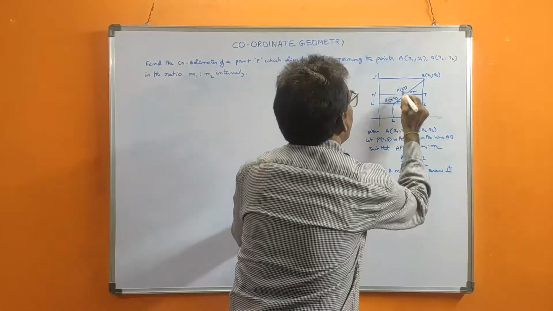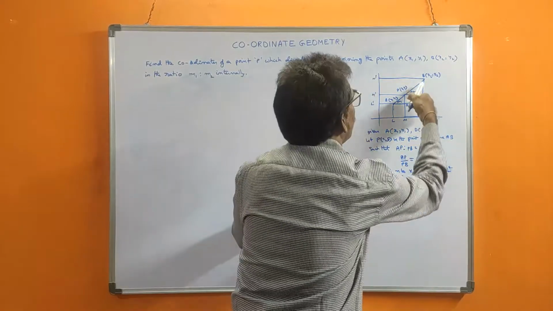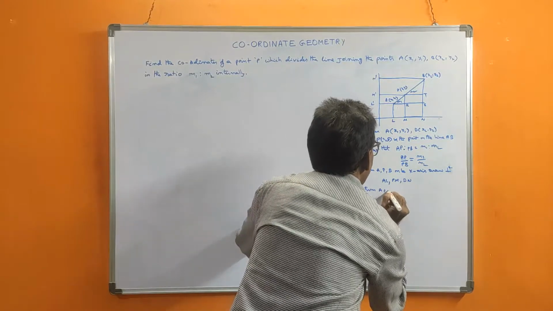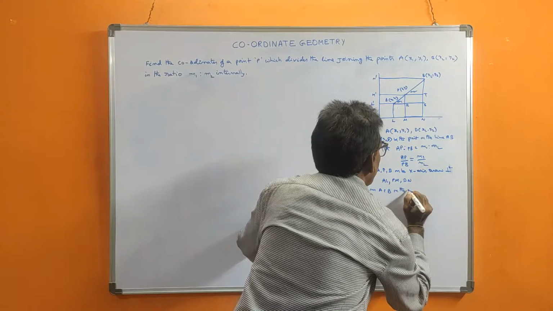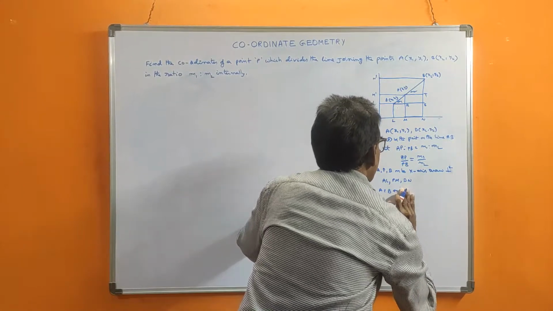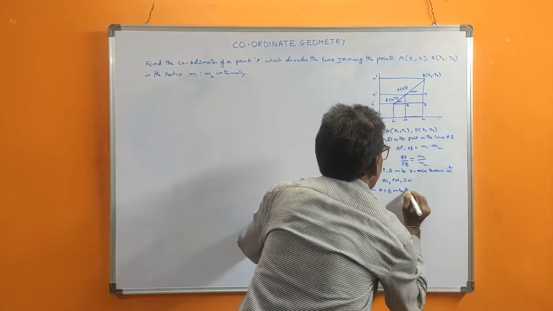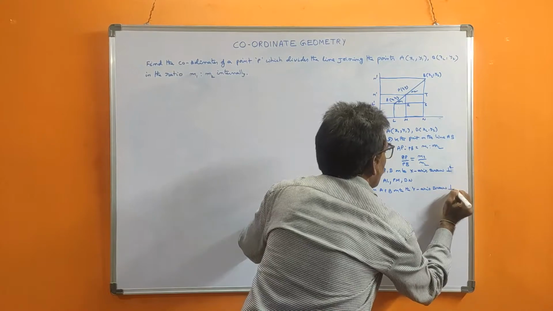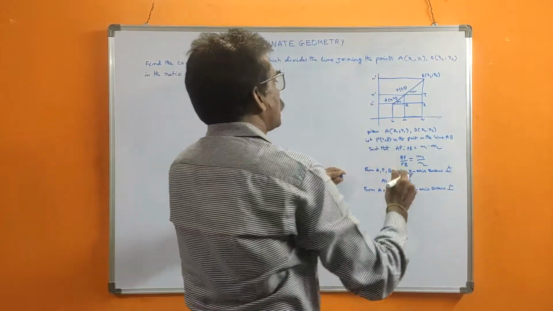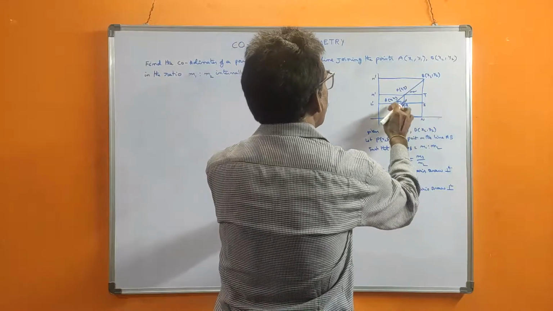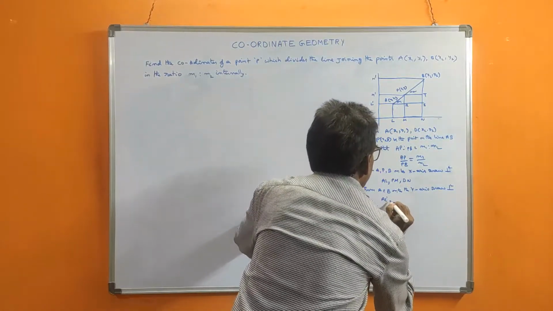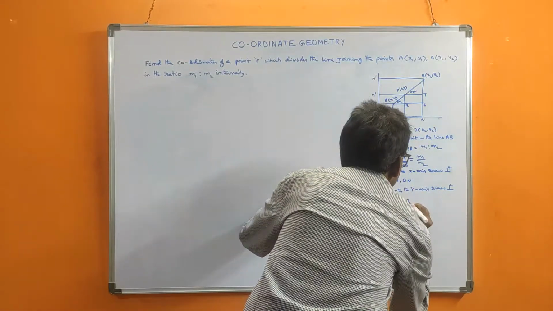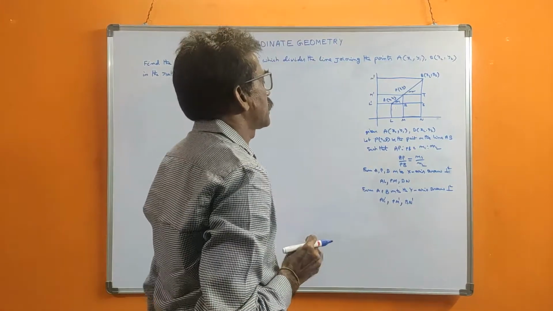AL, PM, BN. In the same way, from A, P, B onto the y axis, draw perpendiculars. What are those? AL dash, PM dash, BN dash. Okay, this is the construction we did.